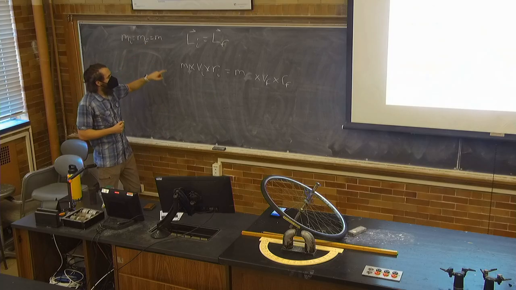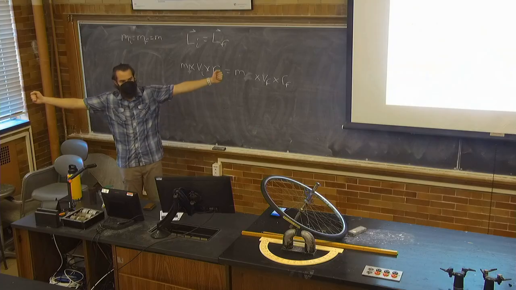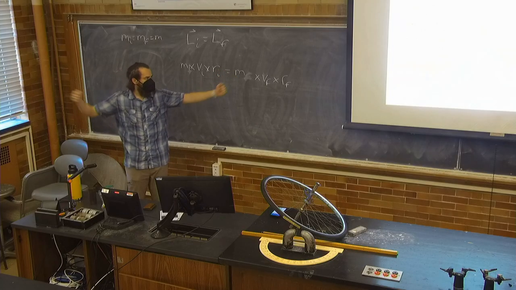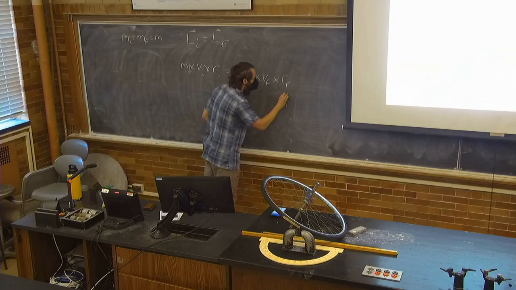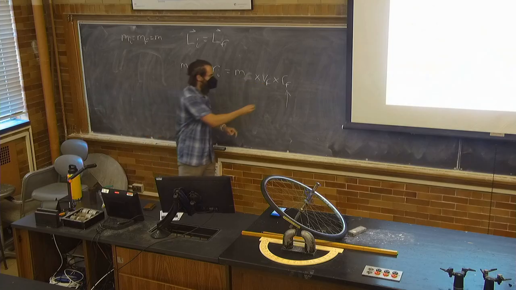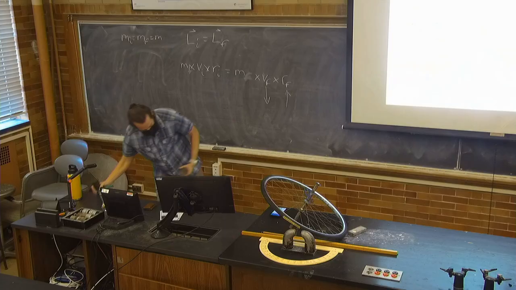So my initial mass and my final mass are the same. So the R value is changing though, right? If I have my arms spread out, the weights are far away from my body, so R is increasing, and then the velocity has to decrease.